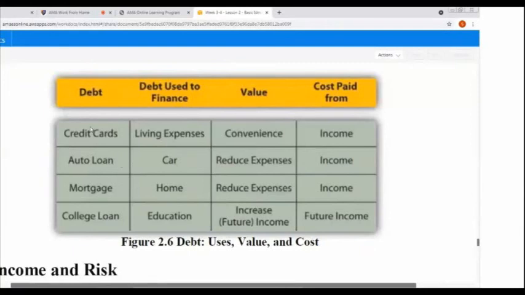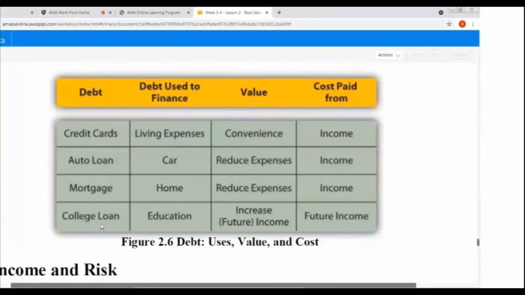An auto loan is also a debt, and the value is that it reduces your expenses. As I have said, instead of paying for a taxi, you will be free from that. And it will be paid, of course, from your income. A mortgage, like for a home, reduces expenses, of course, and it can also be paid from your income.